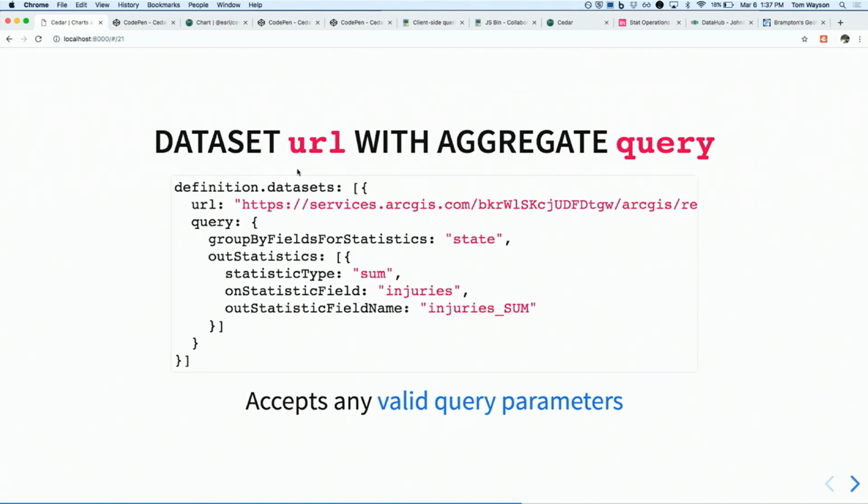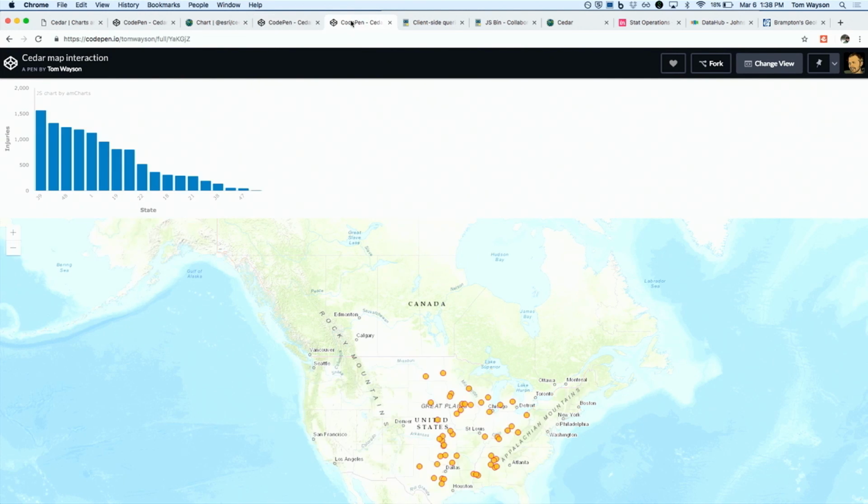You probably want to do some summary statistics on them. So here, we want to summarize these points by state instead of just showing one line for each.